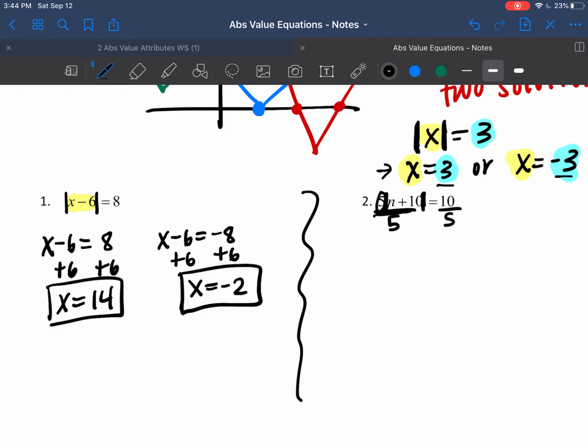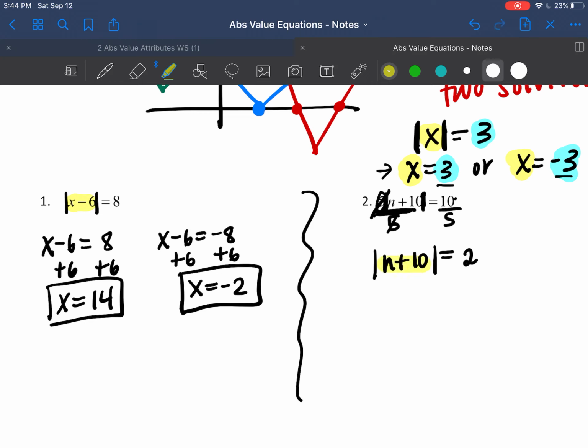Nothing interacts with that n plus 10 because it's protected by the bars. And so we divide by the 5, and we end up with absolute value, and then 10 divided by 5 is 2. Okay, the bars haven't gone away yet. And so now we're back to the situation we were in number 1.